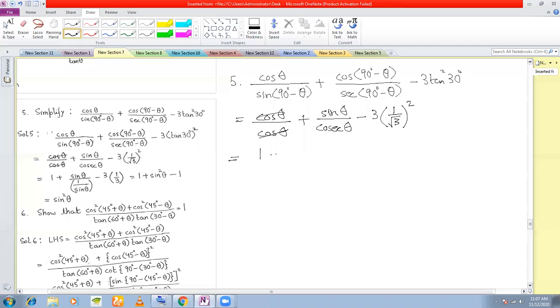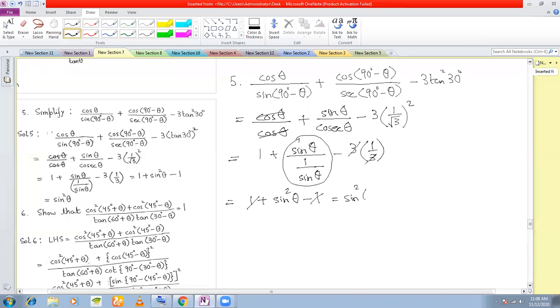You get a 1 here plus sine theta, and you change cosec to sine, 1 by sine theta, minus 3 times 1/3. This 3 and this 3 cancel. So you get 1 plus sine square theta minus 1. So you simply get sine square theta. This is the simplified form of the expression.